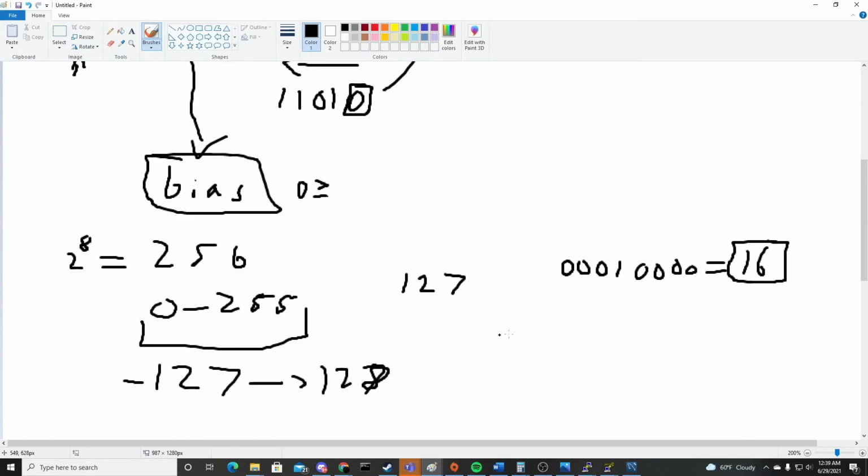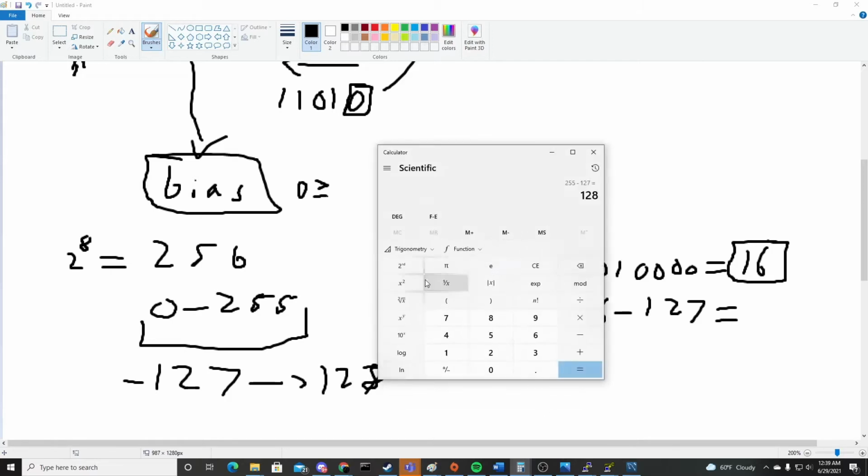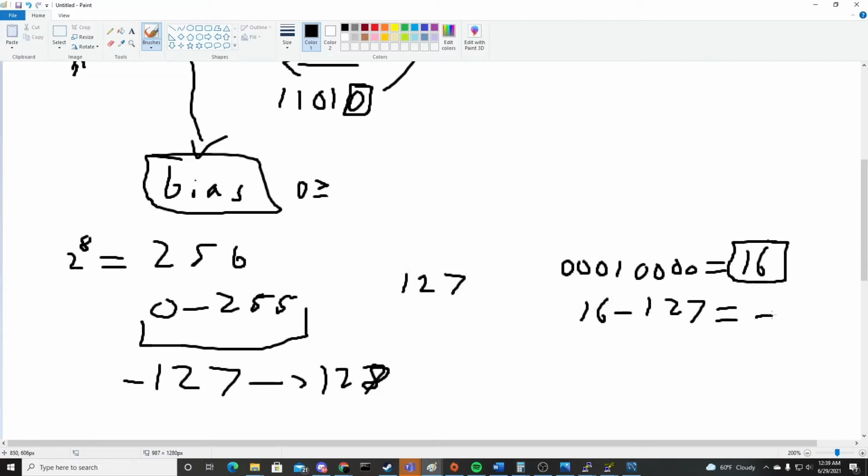Once we calculate our exponent, what we can do with the bias is do 16 minus 127. I'm going to use my calculator just to make sure I'm correct here: 16 minus 127 gives us negative 111. So when we see this, we no longer consider our exponent to be 16, we actually consider it to be negative 111.